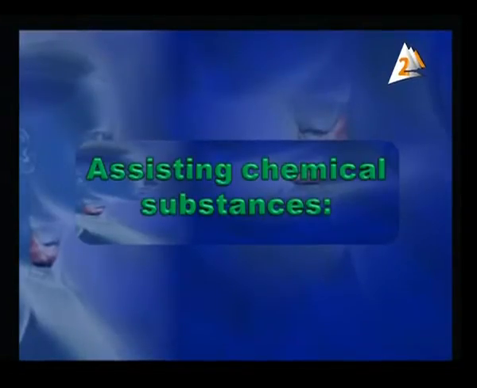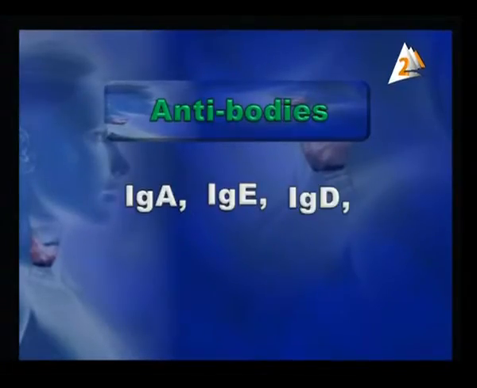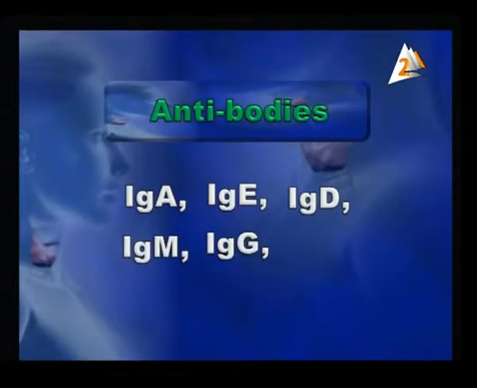Fourth, the macrophages. Number five, assisting chemical substances. And at the end, the antibodies. We will explain each one of these six main points.